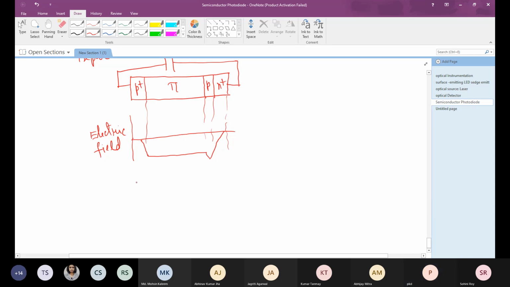Then the charge density, as we have seen for the PIN, here also similar.